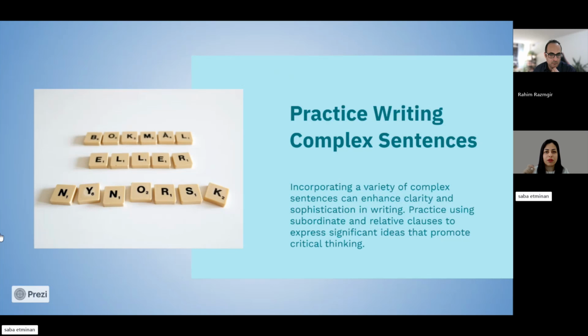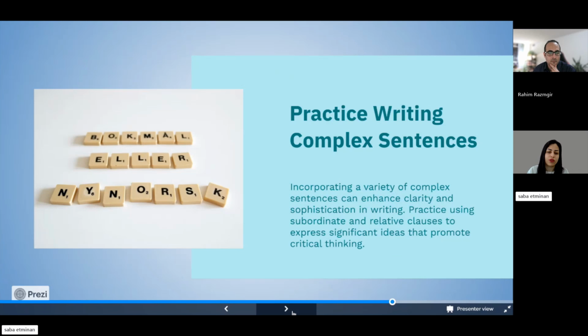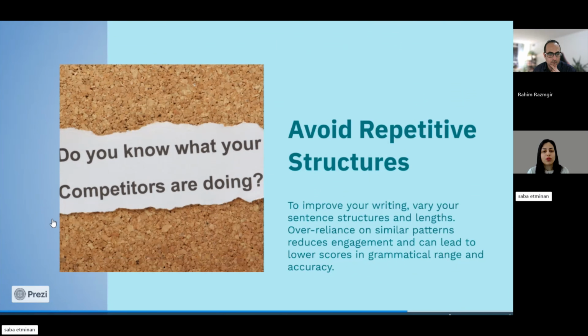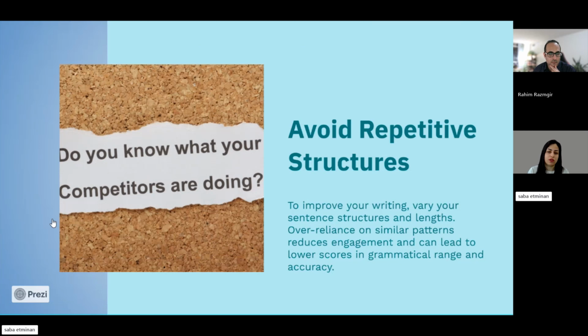You know, just using simple, simple sentences cannot lead us here. So we need a range, we need a mix, especially complex sentences. It shows how proficient we are. Okay. And it's very important to avoid repetitive structures. You know, we don't mean oversimplification. We don't mean just use very, very simple sentences.